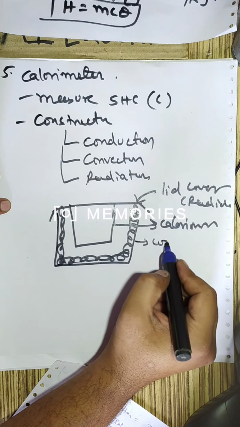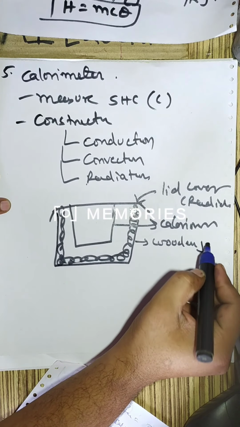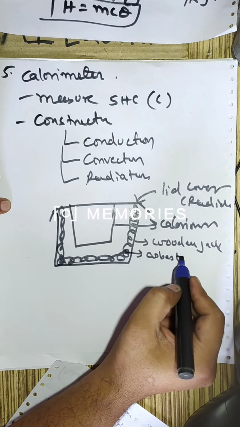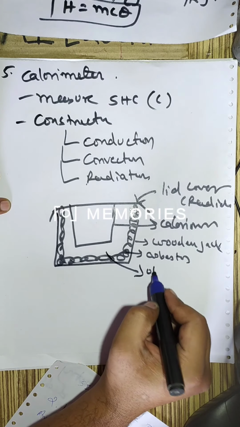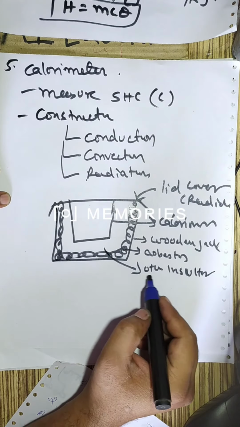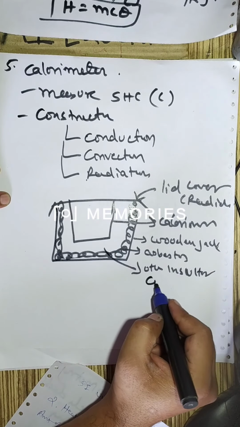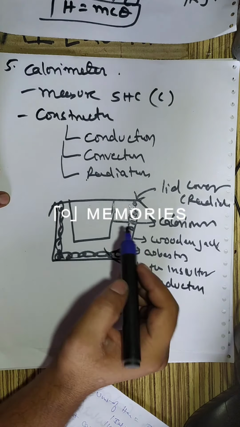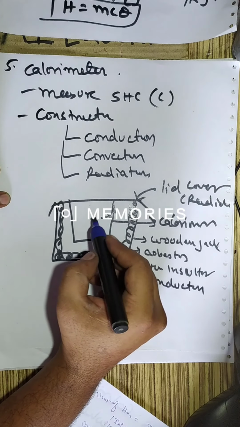This wooden jacket, this asbestos, and this other insulator, all these three things avoid heat loss due to conduction. And in order to avoid heat loss due to convection, the inside is shining.